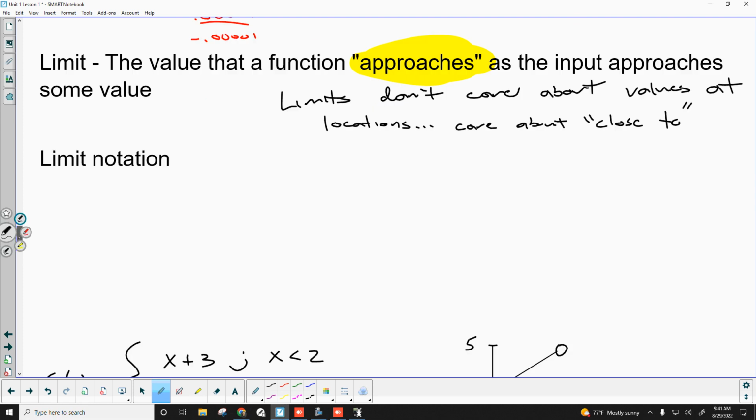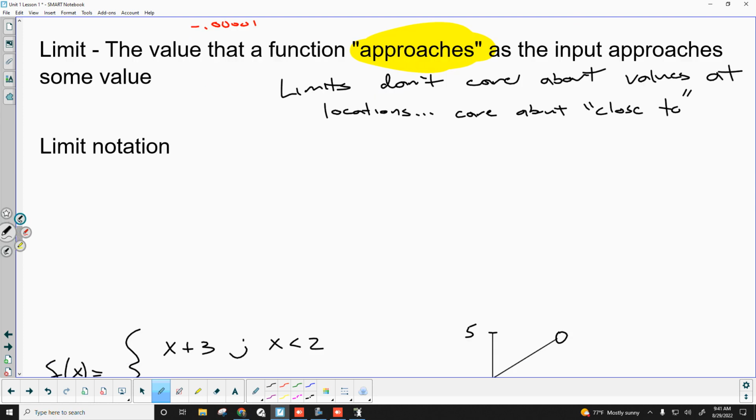Now, here is notation we will use for limits. We'll use a lowercase lim, which means the limit. As x, we'll use a little arrow. This means as x approaches, and then we will pick a number. If I put a negative symbol above that number, this means approaching the number from the left.